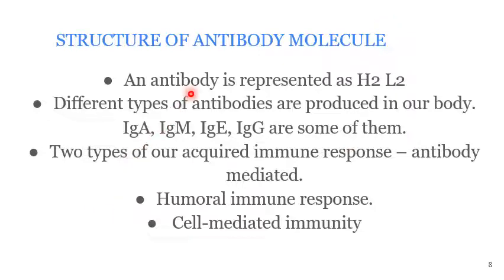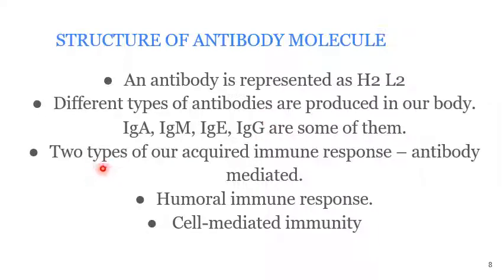These proteins may form different types of antibodies, given symbols like IgA. It's called immunoglobulin: IgM, IgE, IgG, like that. There will be so many types of antibodies produced depending upon the specific type of antigen that the body gets.